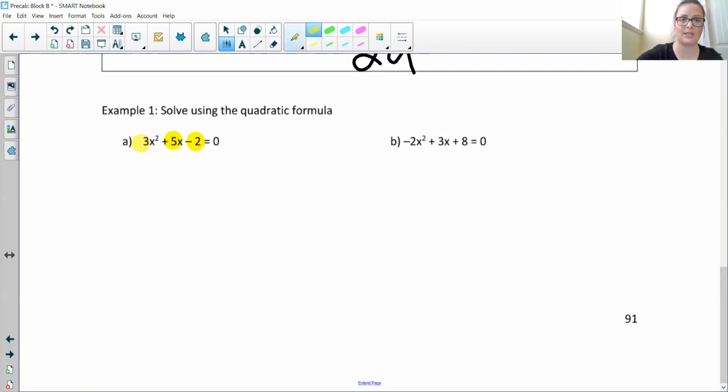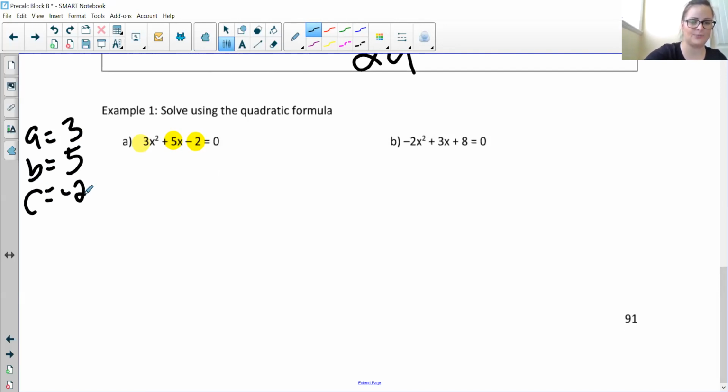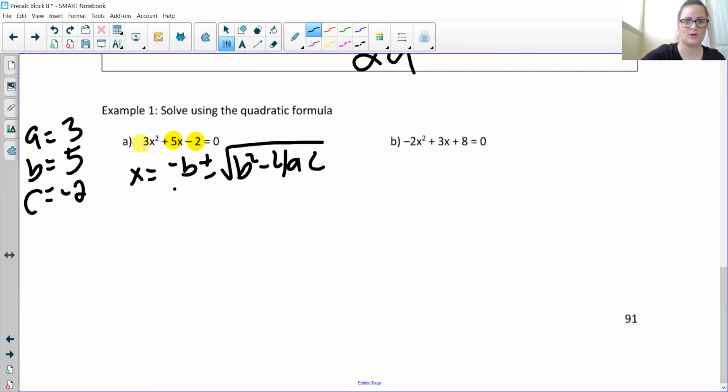So I want you to pause the video here and try this using the quadratic formula. So a equals 3, b equals 5, and c equals negative 2. So x equals negative b plus or minus the square root of b squared minus 4ac over 2a. And now you're going to put the values in the right place.